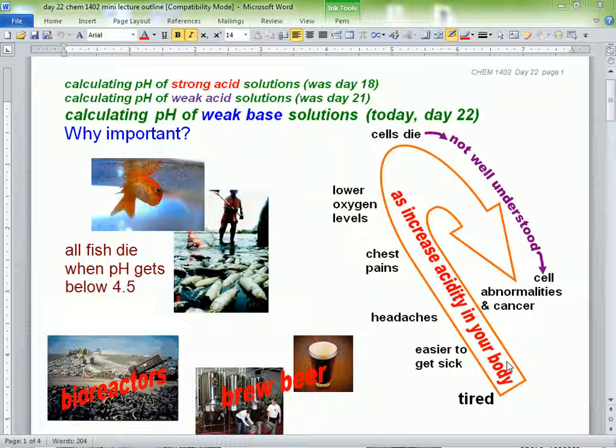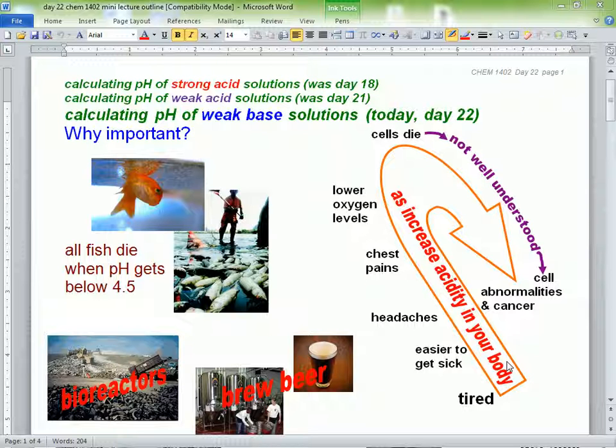We had to make a what table? Ice table for a what reaction? Ka reaction. So you had to know how to write the Ka reaction for an acid. Then you had to do ice on it, and then everything that followed from ice.